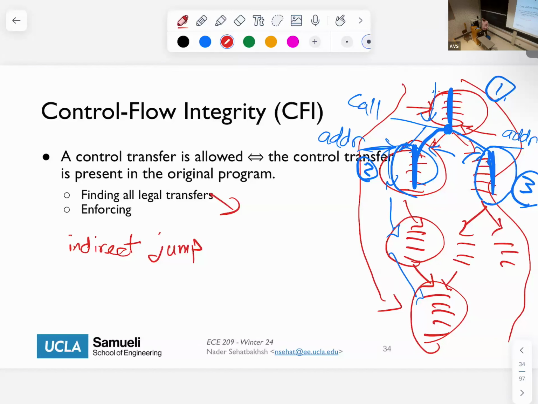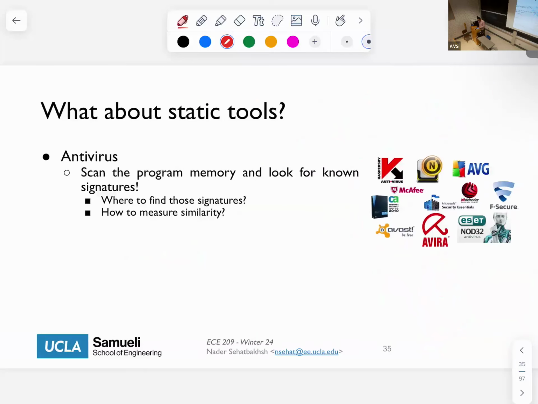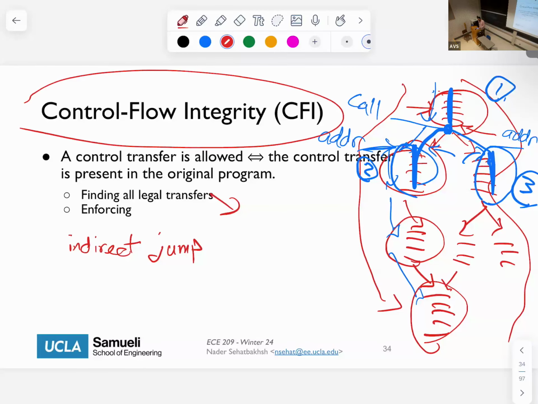And it comes with extra overhead because you need to do this at runtime. For every single branch, you need to check whether it is a valid branch or not, and this adds additional delay to your system. We're going to talk about control flow integrity a little bit more once we finish this discussion today. Questions so far?